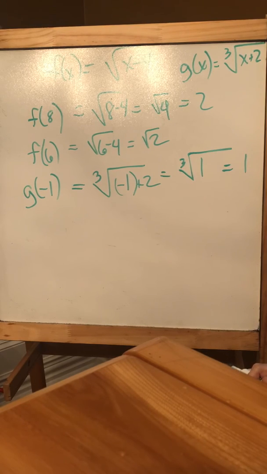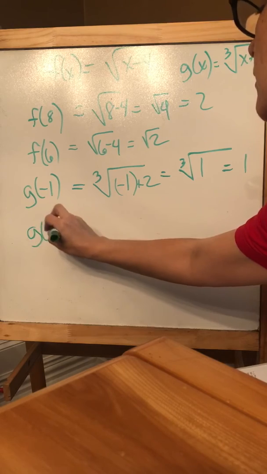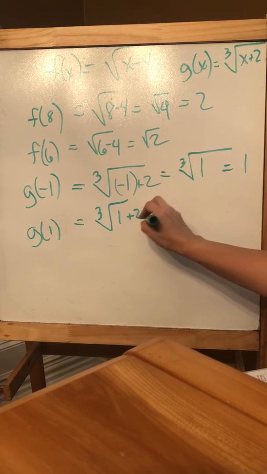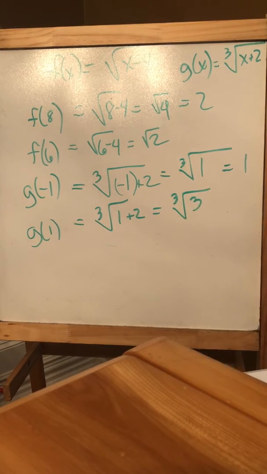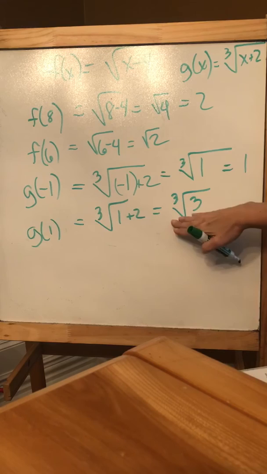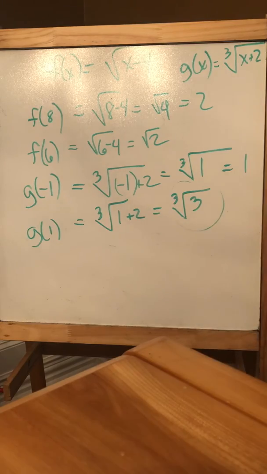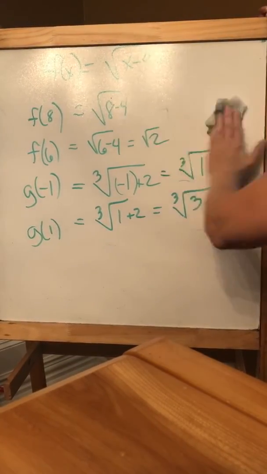All right, last one, we have g of 1. All right, so we have the cube root of 1 plus 2, which is the cube root of 3. And that's as simplified as it is, so you can just leave it like that. All right. Try this last set of examples, and that wraps it up for this section.